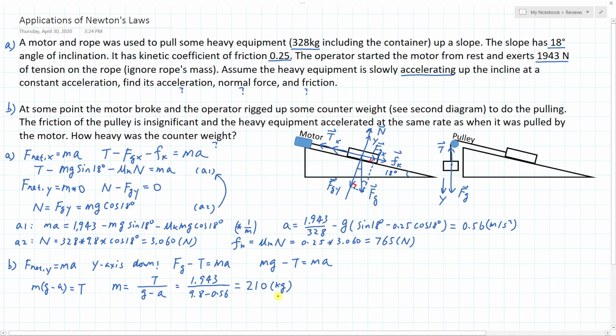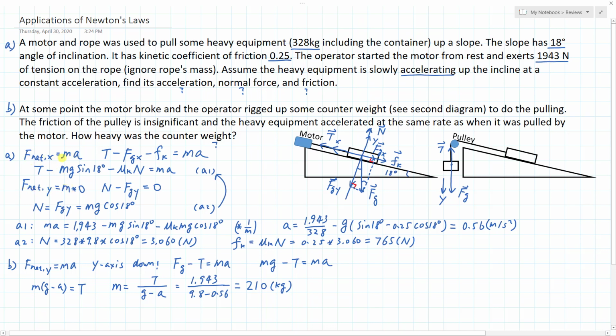So basically, the second part did not really require a separate free body diagram, but sometimes you'll see just the second part of a question, such as an object being pulled up an inclined plane by another object falling vertically down. Then you'll have to draw two diagrams, one diagram for each object and one equation like this for each axis.